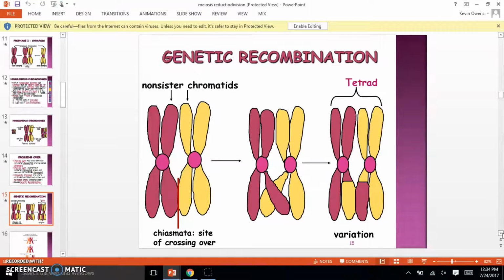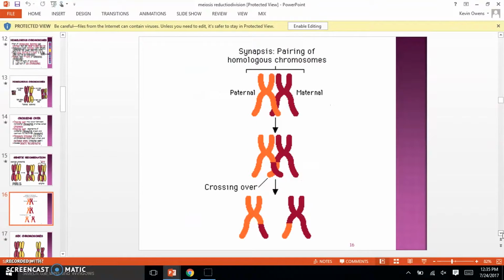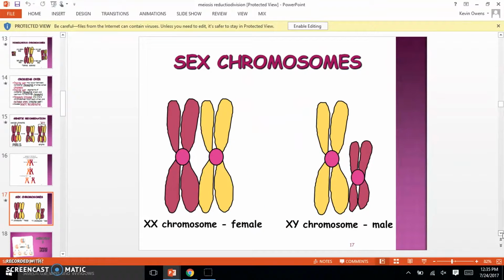This crossing over allows for a lot of genetic variation. Genetic recombination, you can see that they cross over, so you can see there the variation would be, and this happens in this phase. There you see paternal and maternal, they're crossing over to give you different types of gene combinations.